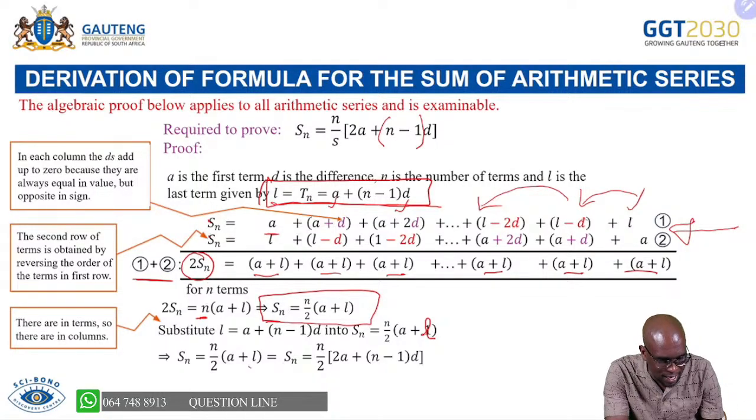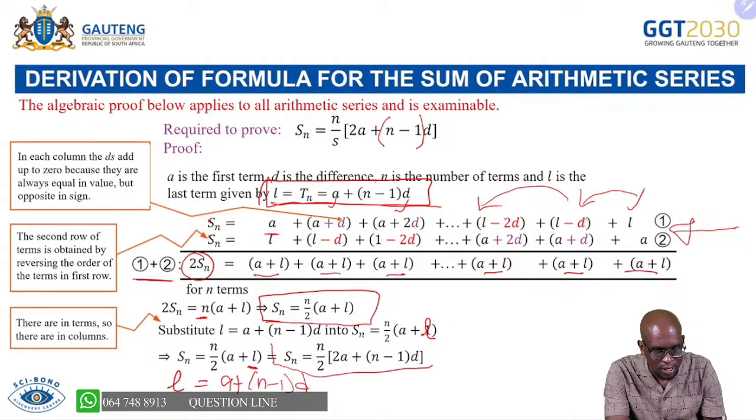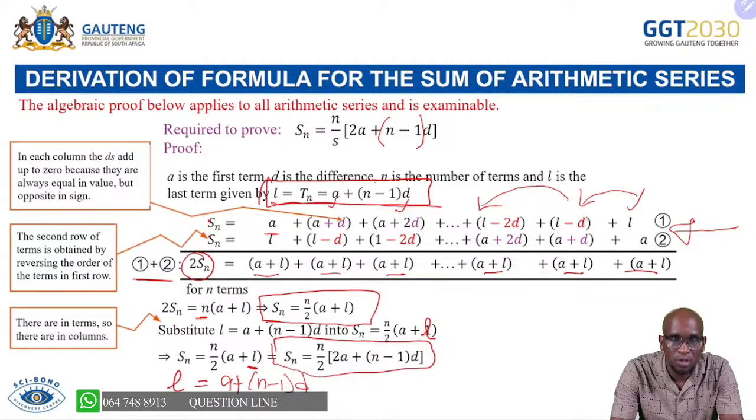So when we see L here, we put a plus n minus 1 d, because we know that L is a plus n minus 1 d, and that ultimately takes us to the proof of the sum of n terms of an arithmetic series. Remember, the proof is examinable, so you should be able to do it. Right, we move on.